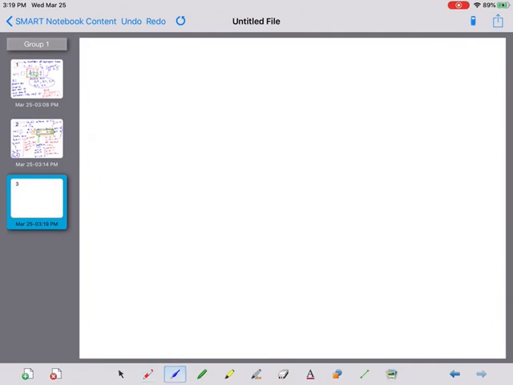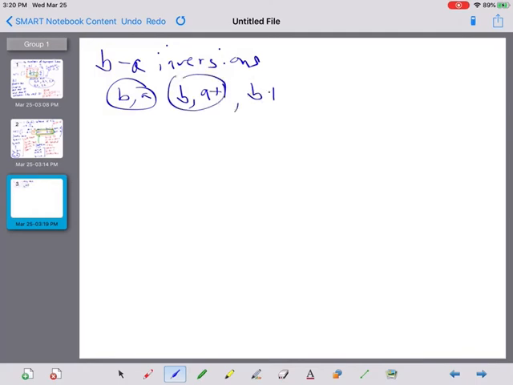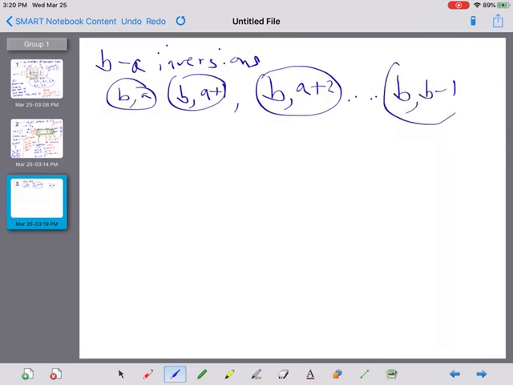What we've got now is B minus A inversions on that first list, and the ones on that first list were B, A; I'm going to circle them; B, A plus 1; B, A plus 2, all the way up to B, B minus 1.